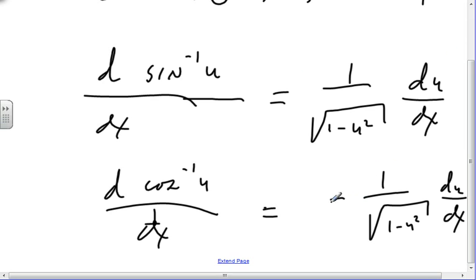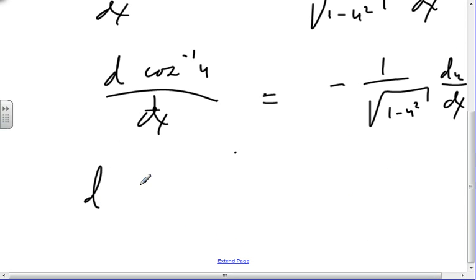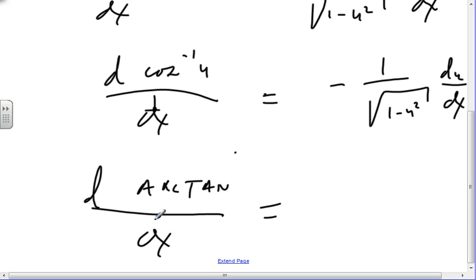Oh, we have some more. So the derivative of the arctangent of u with respect to x is 1 over 1 plus u squared du dx.